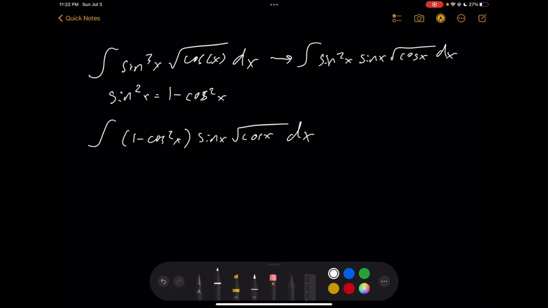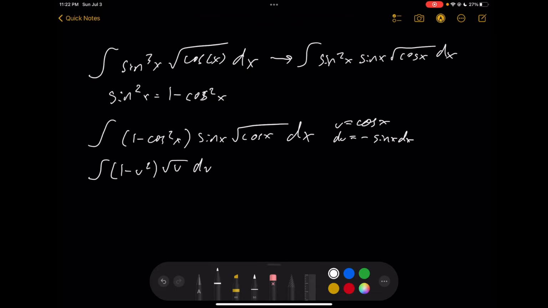Furthermore, from here we know we can do a u substitution for u equals cosine x, and du of this would be negative sine x. This allows us to replace all of the cosines and the sines within the function. So now it's rewritten as the integral of 1 minus u squared times u times du.